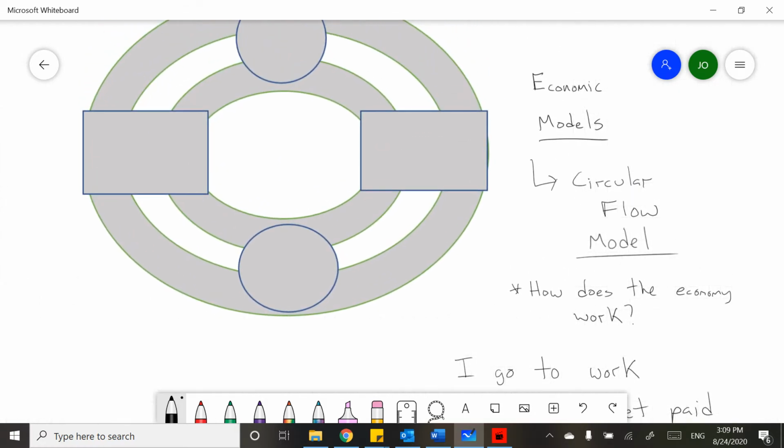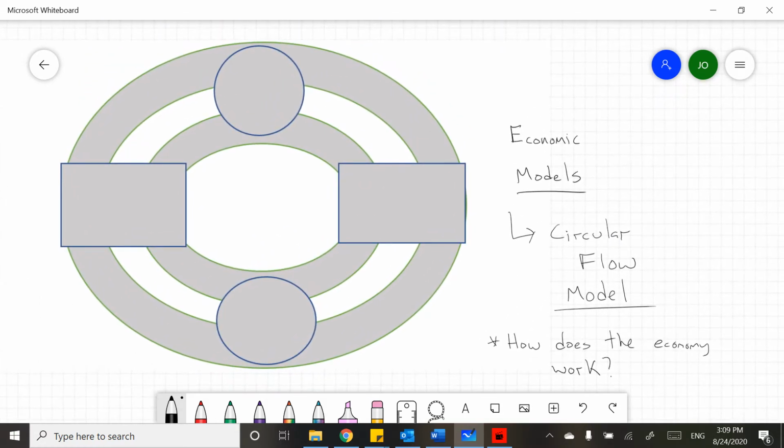So in a similar way, we're going to make it a little bit more complicated because now we're in college, right? So how does the economy work? So take two things that you have learned from your readings and the PowerPoint presentations in this class. We're going to cover two entities that are going to interact with each other.